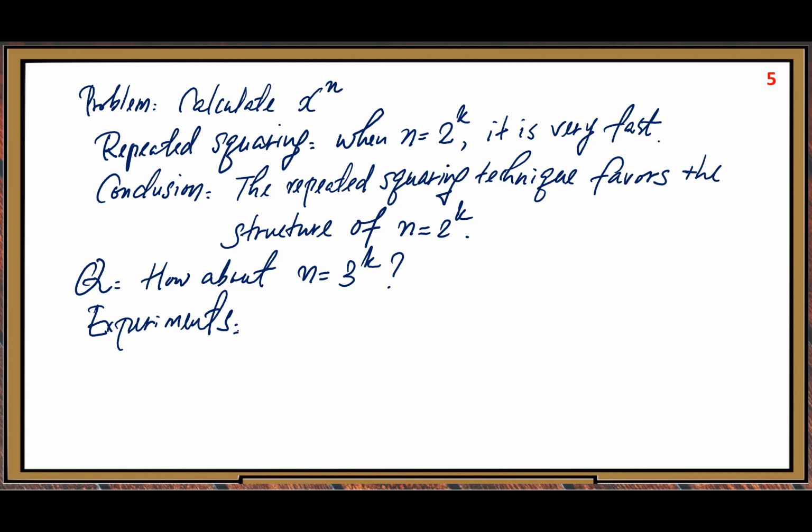Let me just try one example quickly, because we do not have much time. So n equals 3 cubed, that is 27. Now let us calculate x to the 27th.